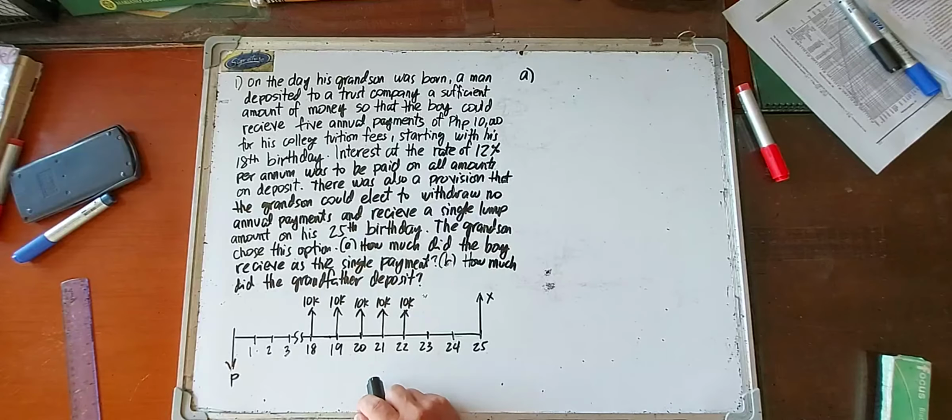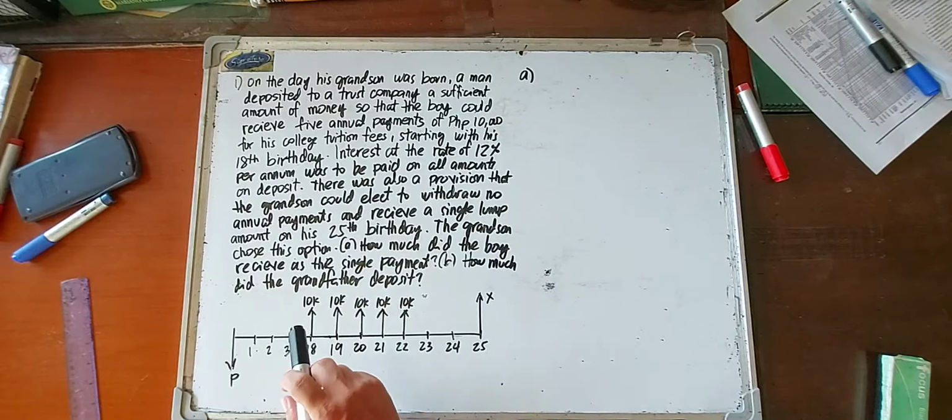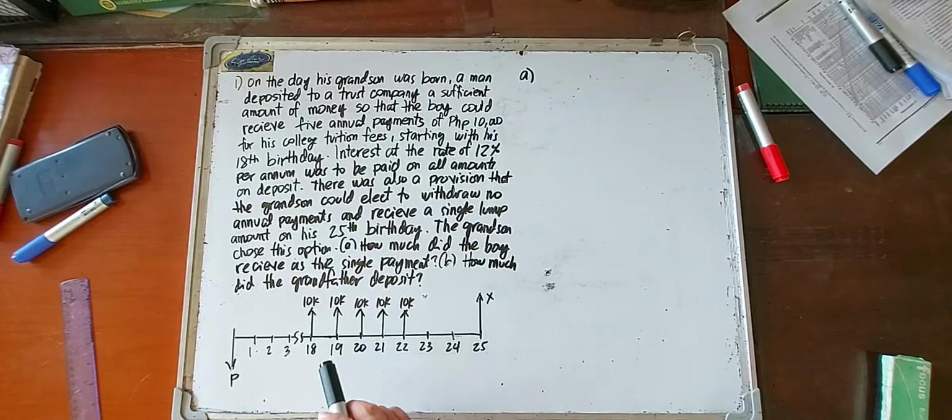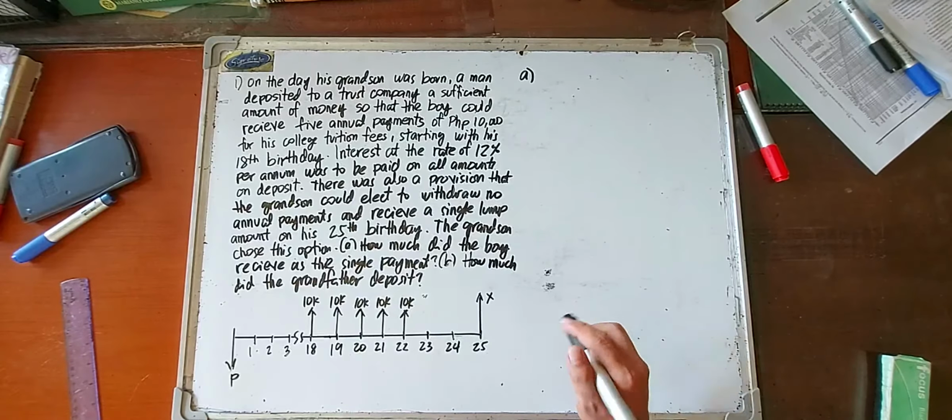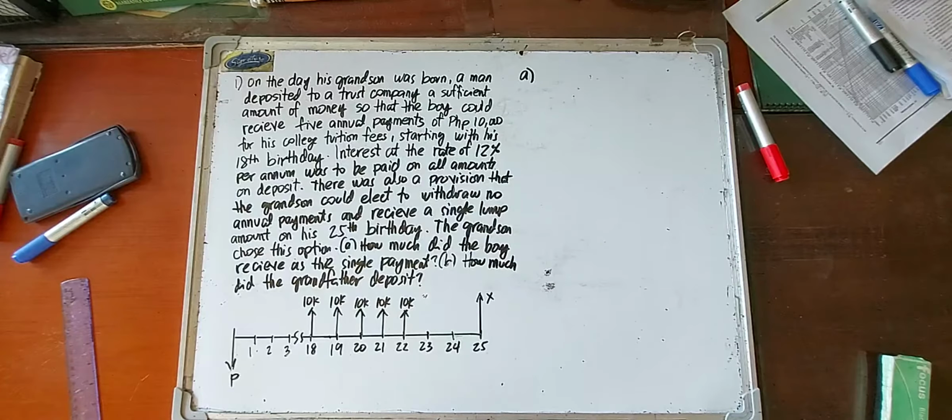May 10,000 siya. Okay, so merong option na hindi niya kukunin yung yearly na 10,000, at kukunin na lang niya as a single lump sum payment on his 25th birthday. So ito yung pinili ng kanyang grandson.